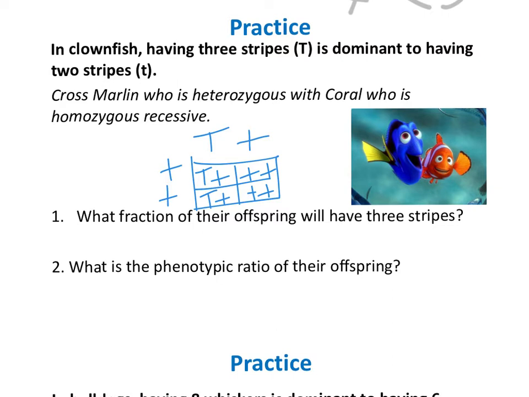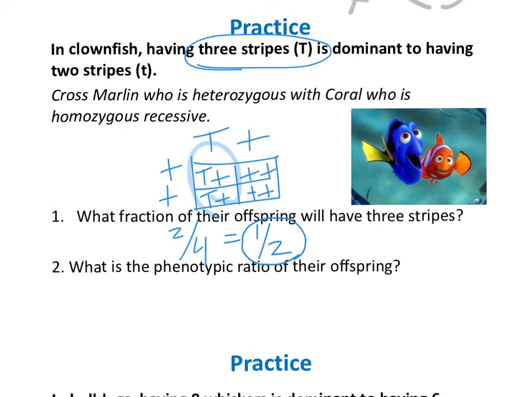Here I've got 2. What fraction will have 3 stripes? 3 stripes is big T, so I've got 2 out of 4 of them will have 3 stripes. I can simplify that fraction to a half. Generally, the fractions are simplified. Question 2, what is the phenotypic ratio?